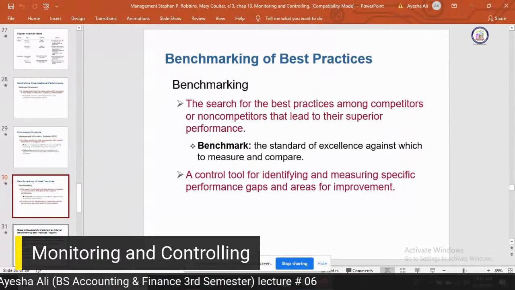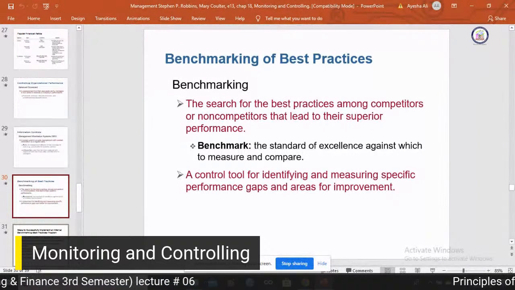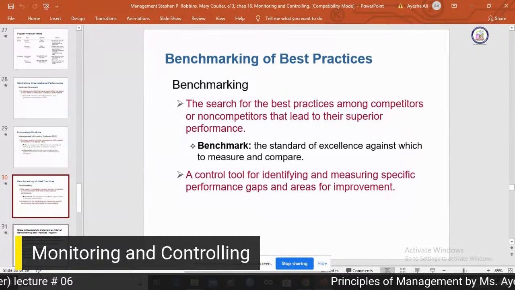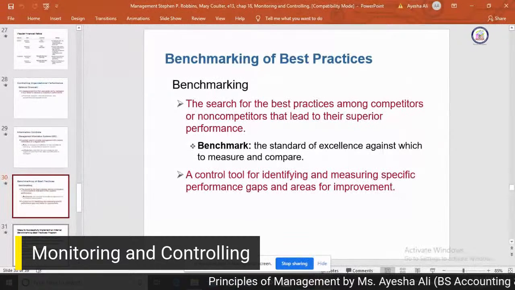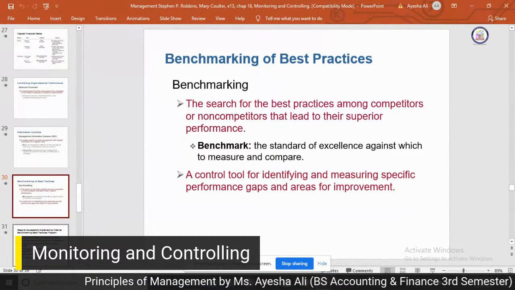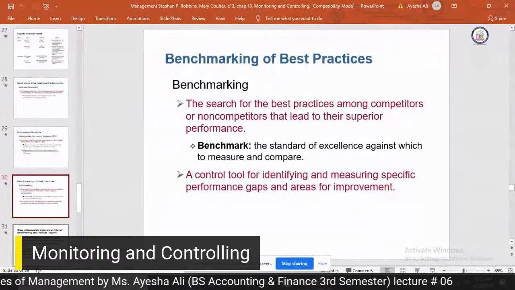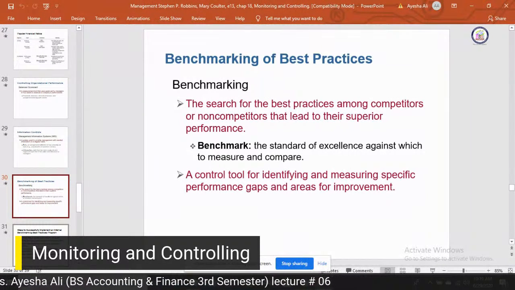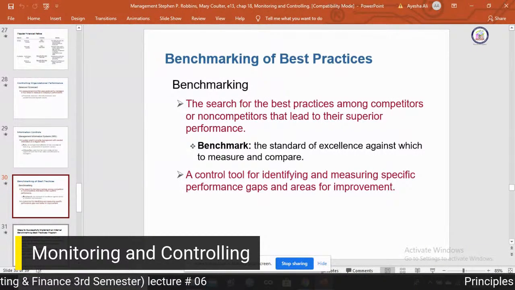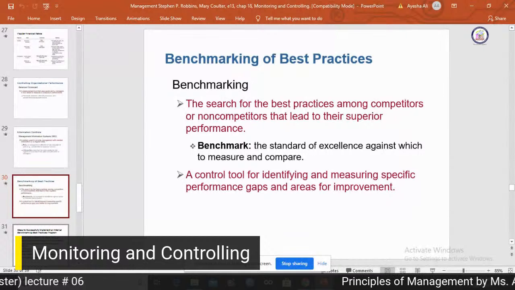So this is about the benchmark. Every company is setting a benchmark, and it's the choice of the company whether they adopt a competitor benchmark or a non-competitor one.